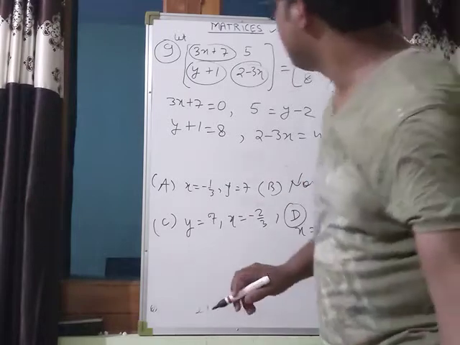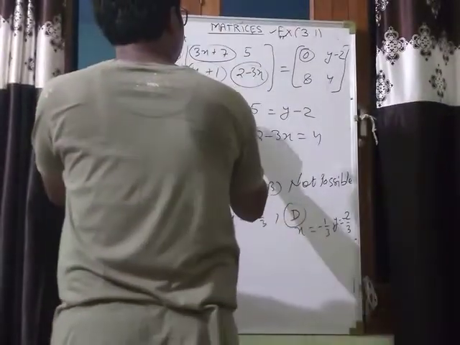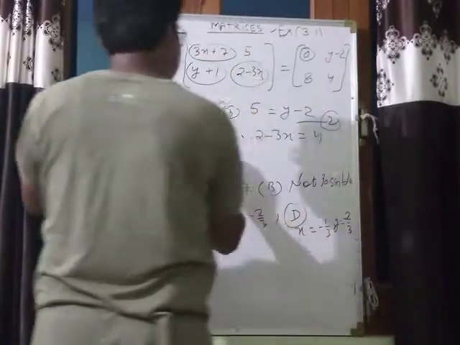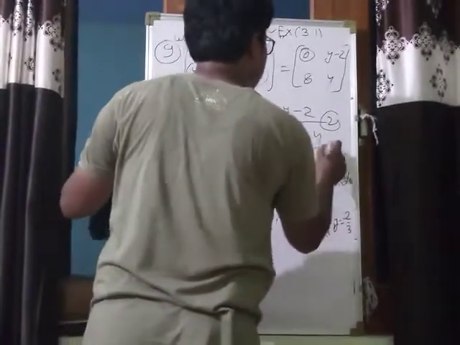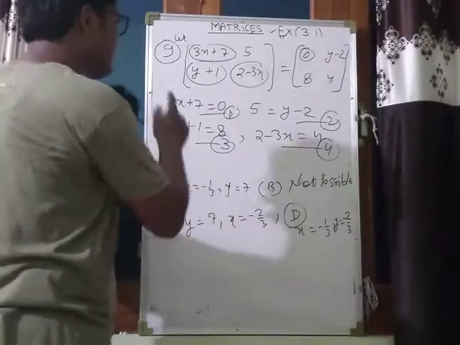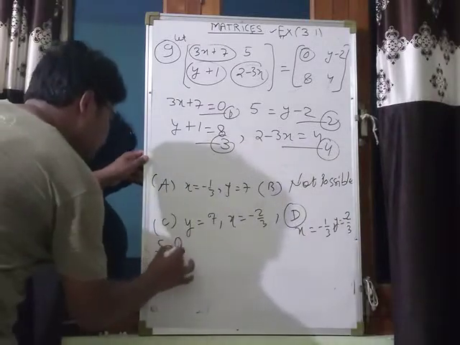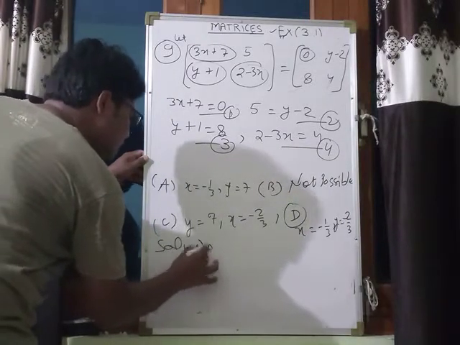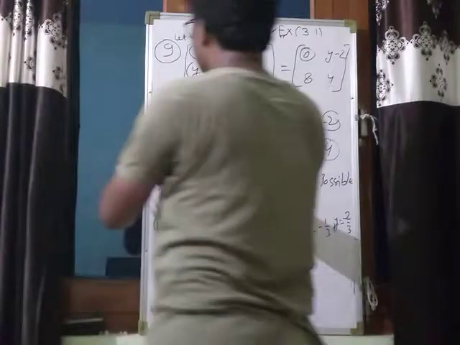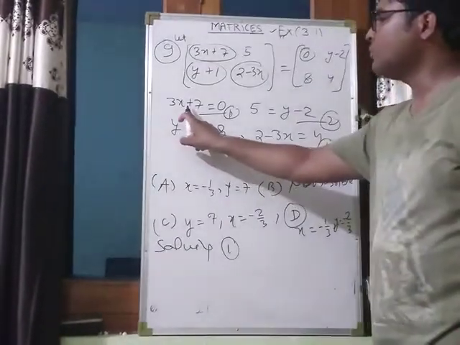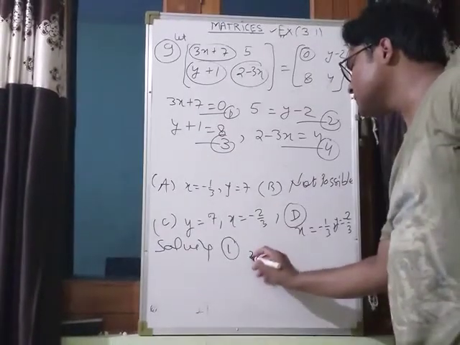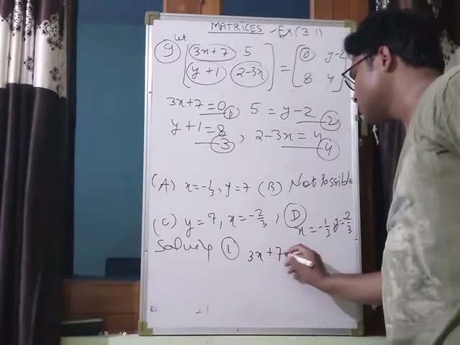So first of all, solve this first one, this is second, that is third and that is fourth. So solving first and fourth. Solving first, what we have, 3x plus 7 is equal to 0.